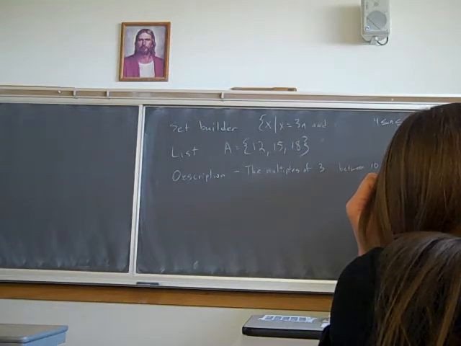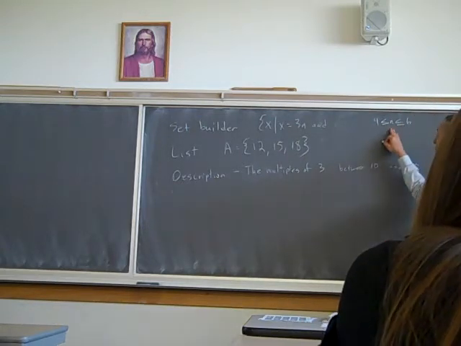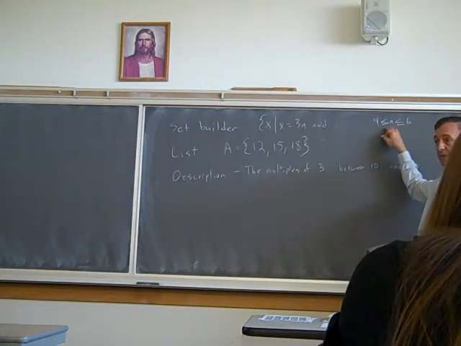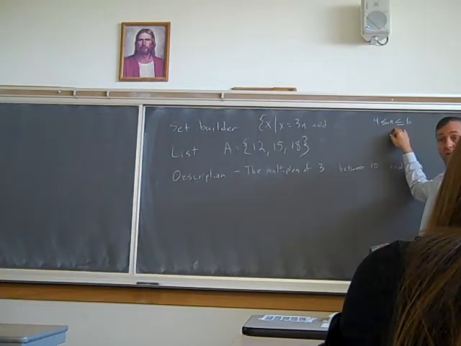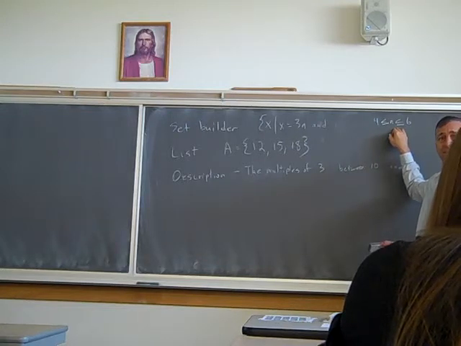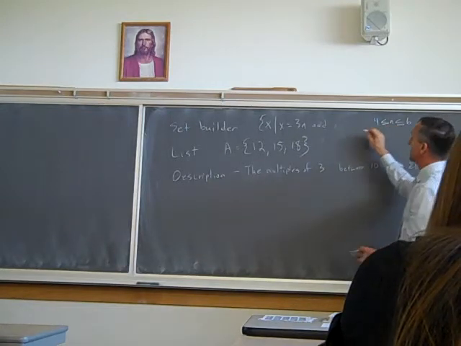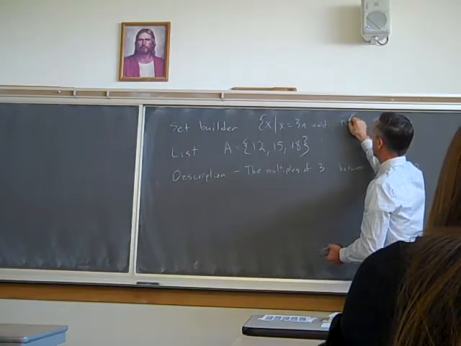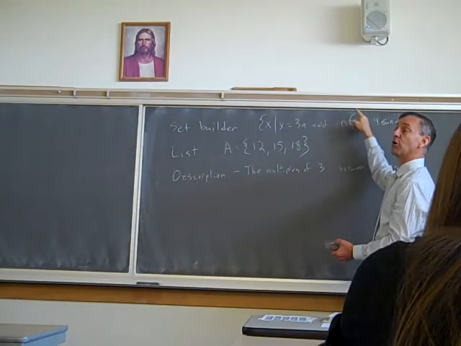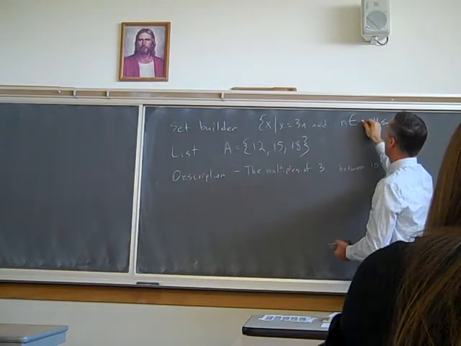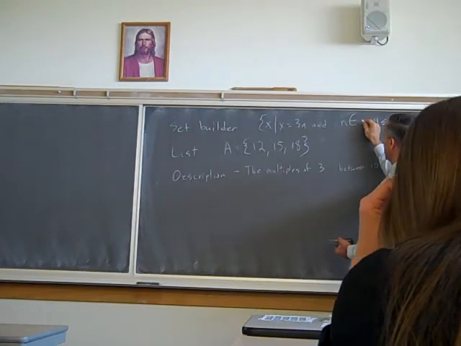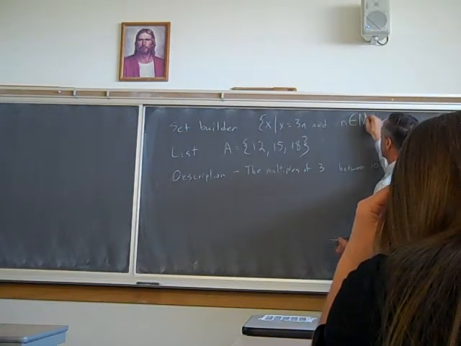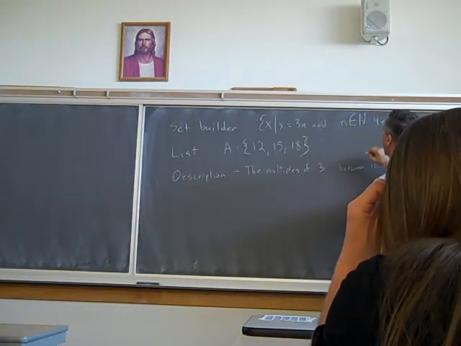That's not going to work, is it? Well, it fits this description. 5.5 does, right? So what else do I need? I need to say that n is an element of, or belongs to, the counting numbers, or you could say whole numbers.